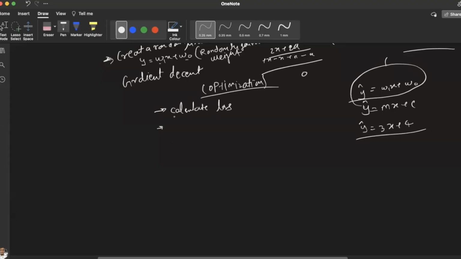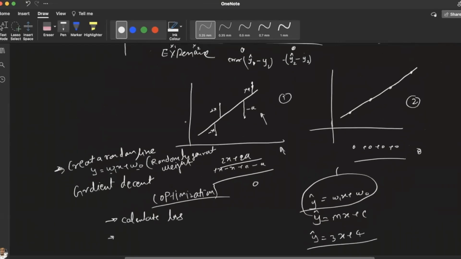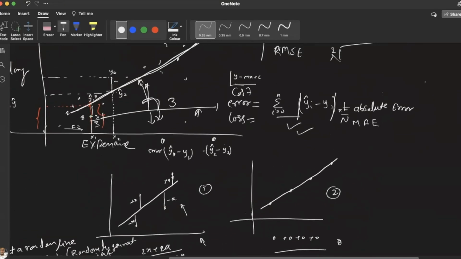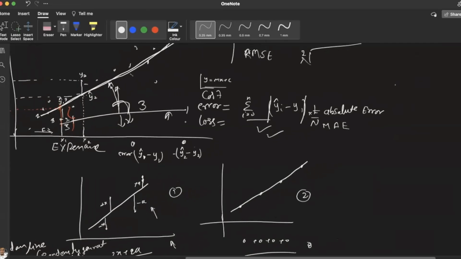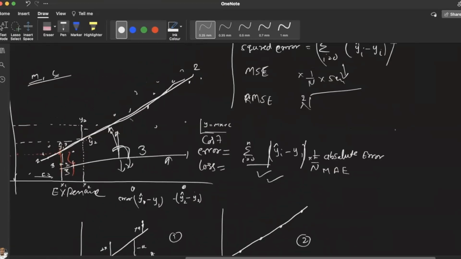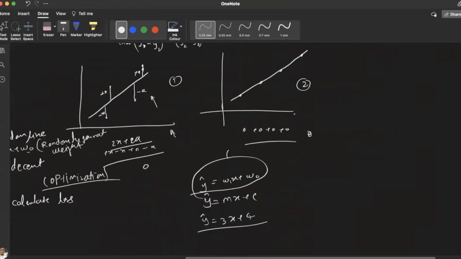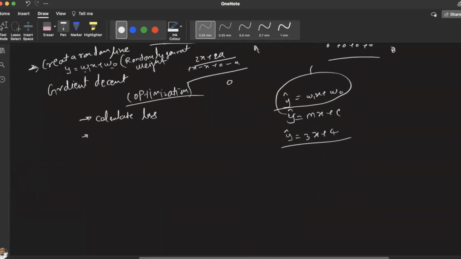Now, it depends on which loss function you are using. For example, if you're using absolute error, there will be a different value for that. If you're using squared error, there will be a different value for that, and so on. So for example, let's say you're using squared error. What will be the function of the squared error for the loss?